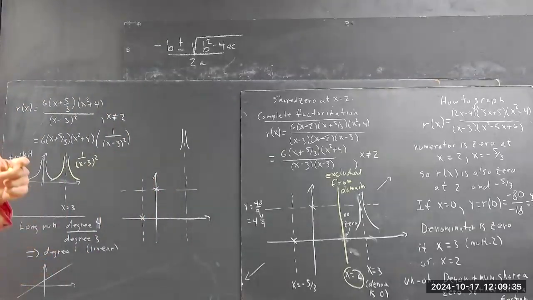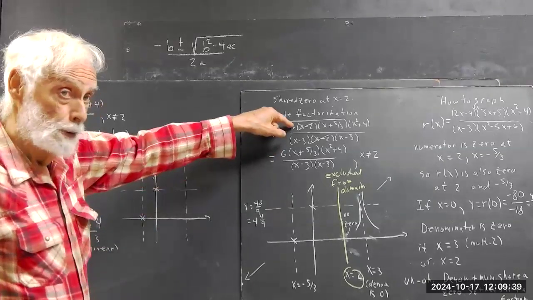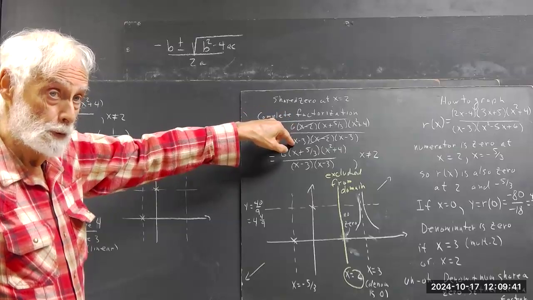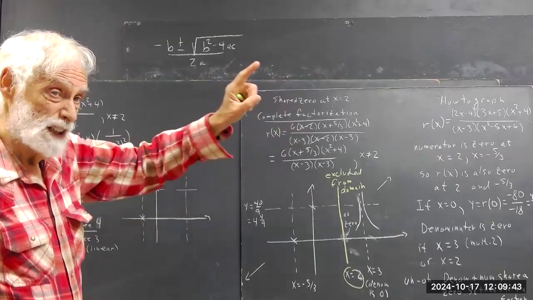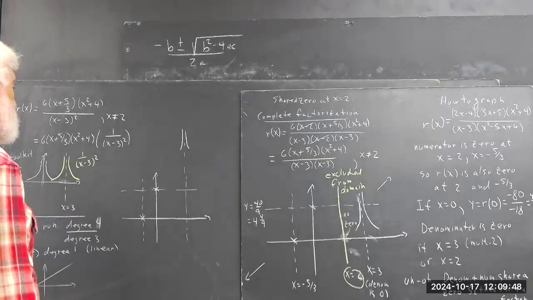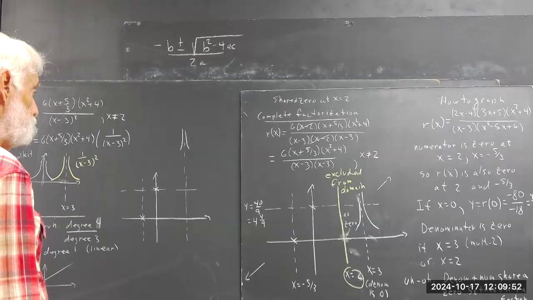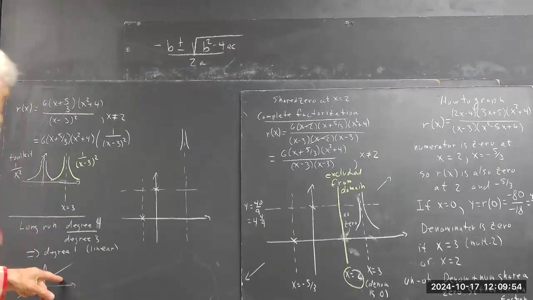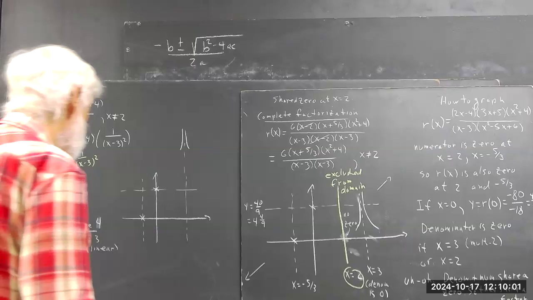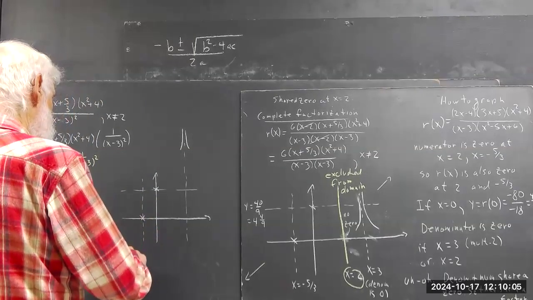We could do the long division of this denominator into this numerator. Just expand them both and do a long division. It'd be just kind of one step. It'd be a pretty simple long division. And we find that this is kind of like a y equals 6x function. Okay. A little more to it than that. But kind of does this.